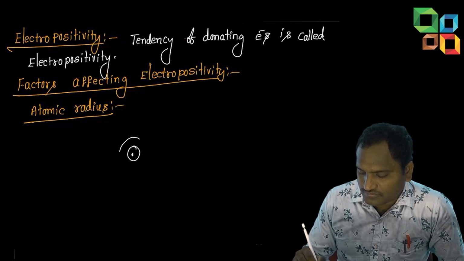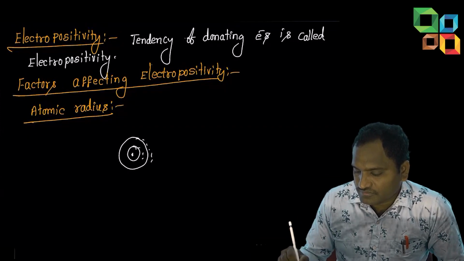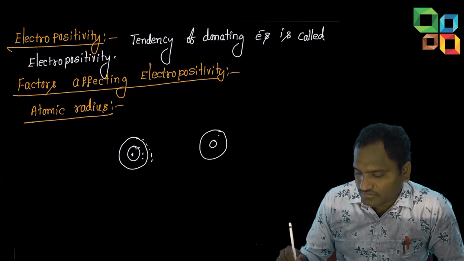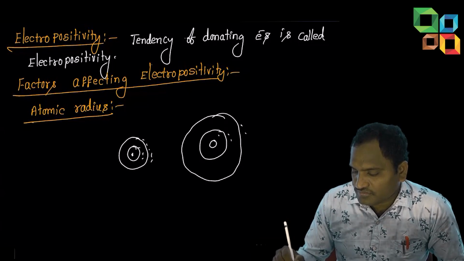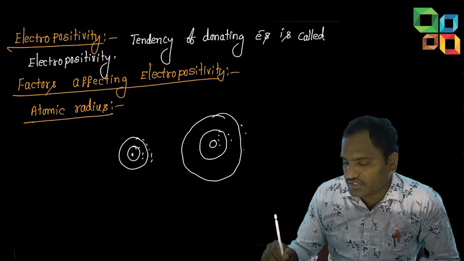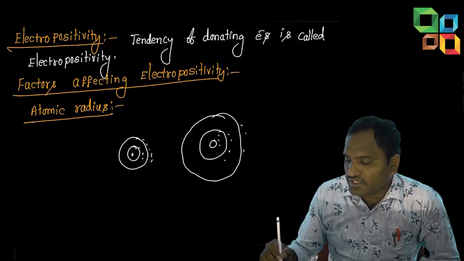This is one atom. Here, two shells are there. Here, three shells are there. So, which atom can donate electrons easily?